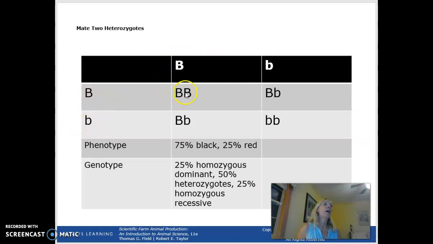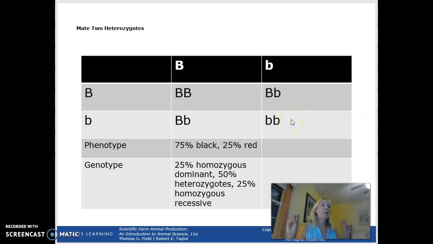We breed them together and lo and behold, this B goes with that B. Remember, this is the possible combination of sperm and egg. So big B with little b, and then this one has little b and little b. If she were to have one calf, because a cow normally has one calf, she would have a 75% chance of it being black and a 25% chance of that calf being red.